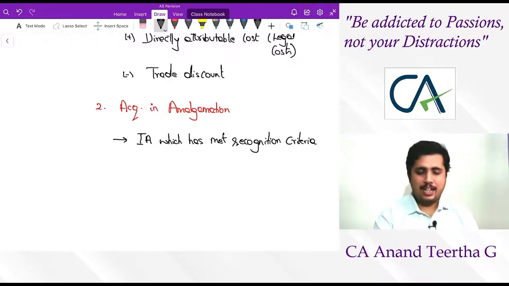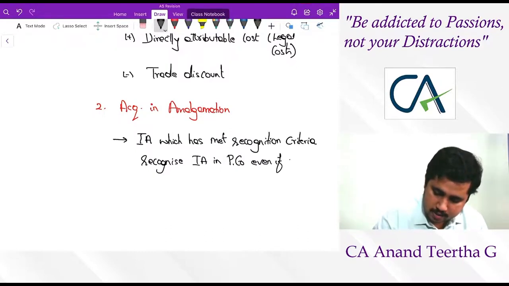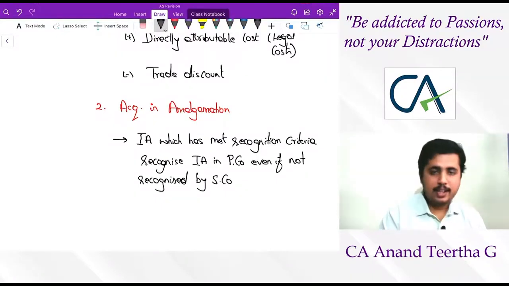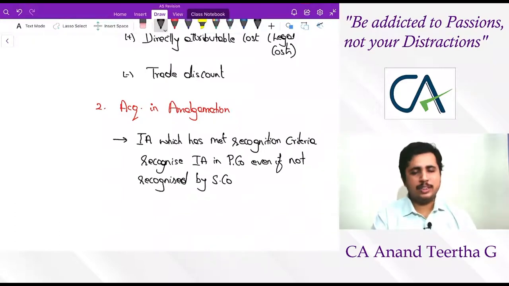then at that time recognize the intangible asset in the purchasing company, even if not recognized by the selling company. Assume that there is a patent. By mistake or by oversight, this patent was not recognized in the books.